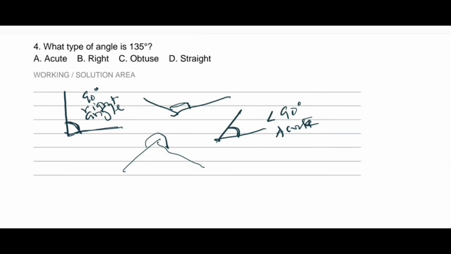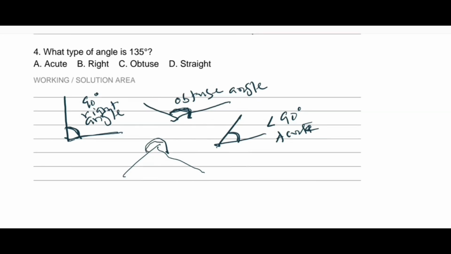When the angle is more than 90 degrees, but less than 180 degrees, it is called an obtuse angle. It's spelled like this, obtuse angle. When the angle is more than 180 degrees, but less than 360 degrees, it is called a reflex angle. Reflex is spelled like this.